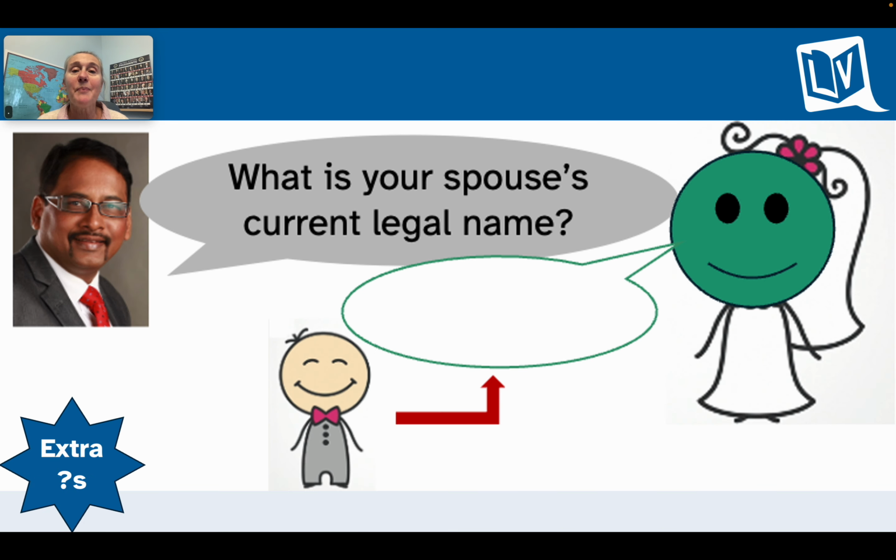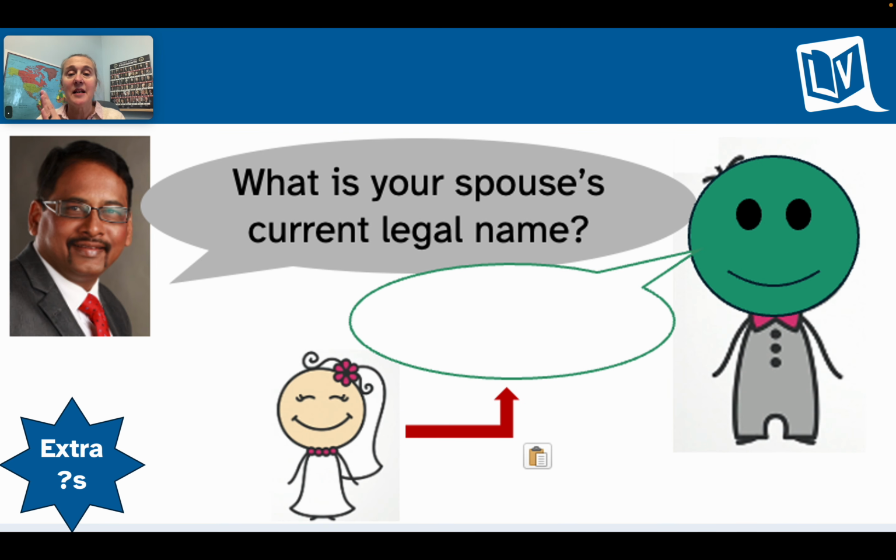What is your spouse's current legal name? So here you'll see the officer is asking her, what is your spouse's current legal name? So if her name is Nadia and his name is Adil, she would say Adil and then his last name, his full legal name.